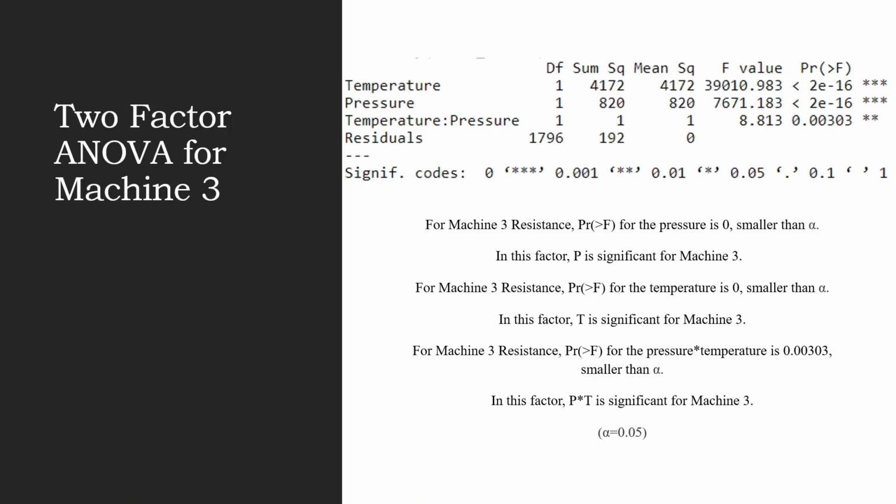Moving along to machine 3, we can also see that Pr greater than F for the pressure and temperature is 0, hence making it smaller than alpha. However, the pressure times temperature value is 0.00303. It is smaller than alpha. Hence, in this factor, P times T is significant for machine 3.